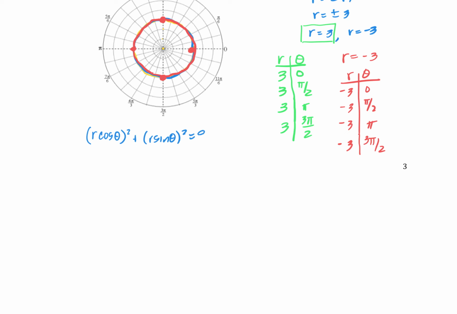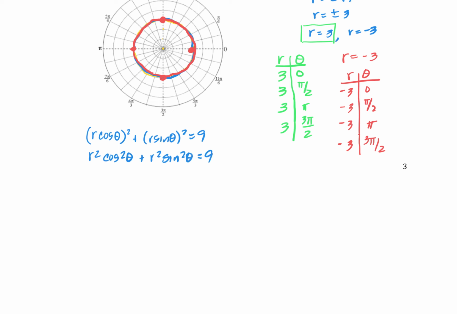If that's equal to 9, this is fine. You could have done it this way. If you distribute the square, it becomes r squared cosine squared theta plus r squared sine squared theta equal to 9.